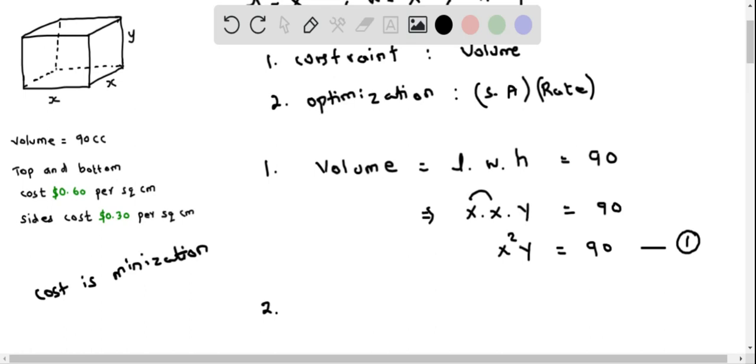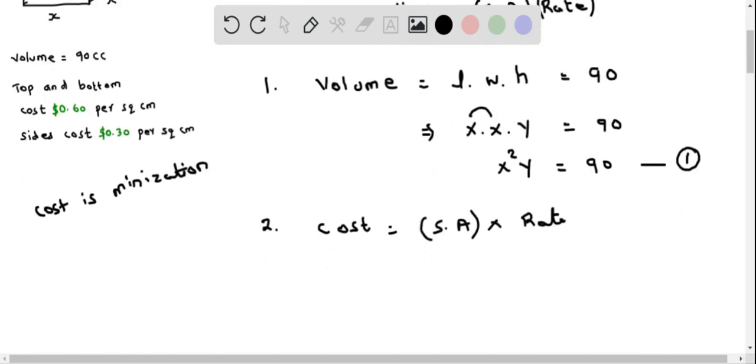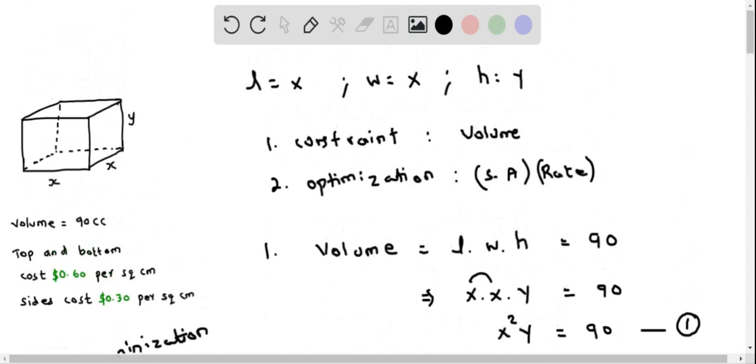So first, let's write down the cost equation. We write cost, and this equals surface area of the box times the rates of each of the sides of the box. First, I'm going to write down the surface area of the box. We see that it has top and bottom surfaces, and both are square bases.